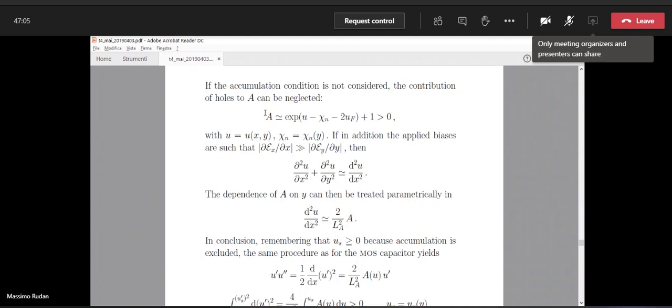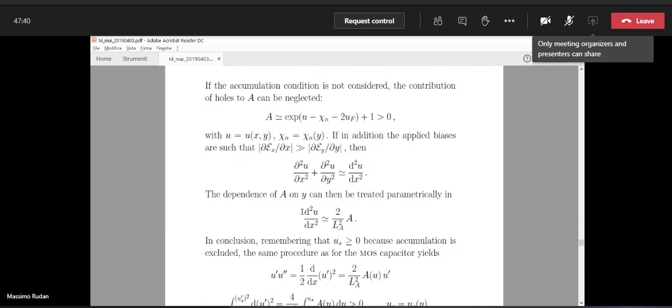Instead, chi n, you remember the quasi-Fermi potential near the interface does not depend on x because there is no vertical current, so it depends only on y. At this point, we introduce the simplification on the left-hand side, on the operator. We say the variation of the electric field in the y direction is negligible, so we drop the second derivative with respect to y.